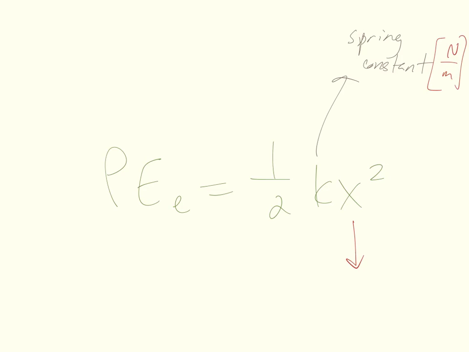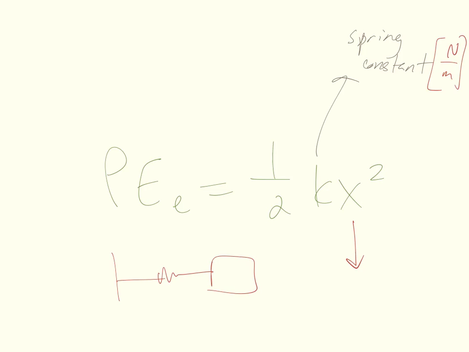So if a spring starts at 20 centimeters, you compress it to 14, what's x? Starts at 20, compress it to 14. 6 centimeters. Negative or positive, doesn't matter. Why not? You're squaring x, aren't you? It just gains energy in general there. So that's a problem like this.